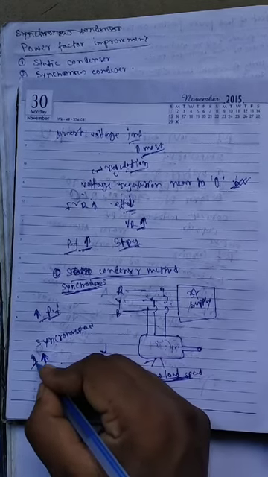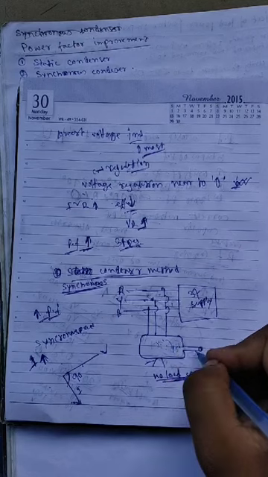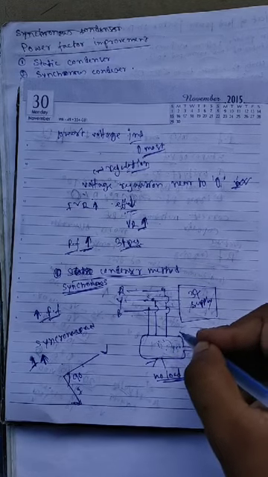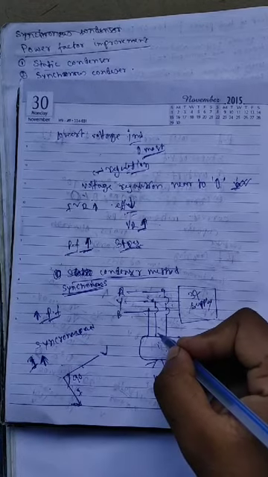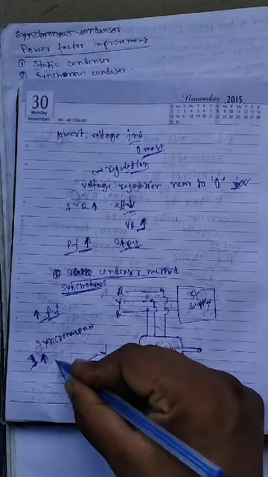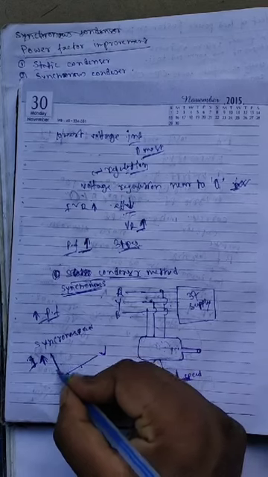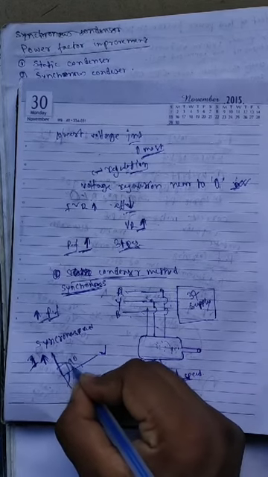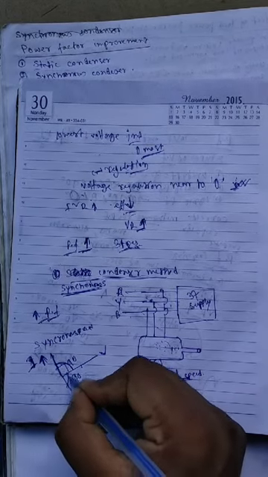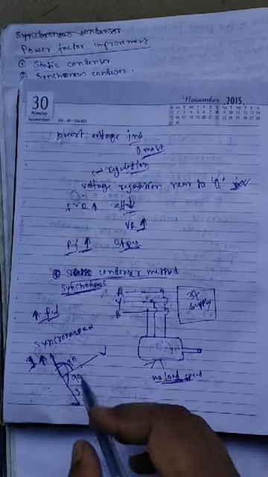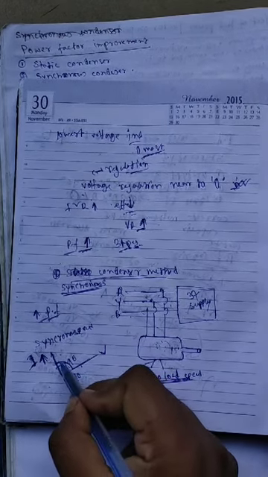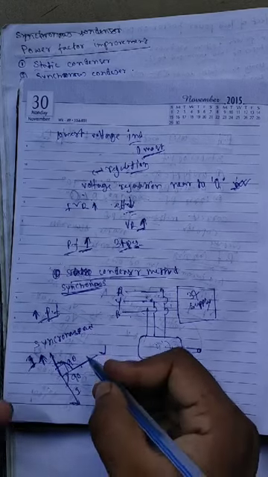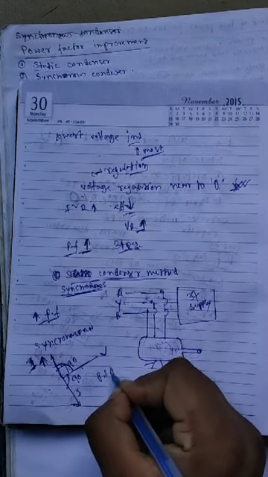When the no-load excitation current increases, as we know from the machines chapter, I moves from here to here, 90 degrees apart from V, leading. That means the power factor will be leading.